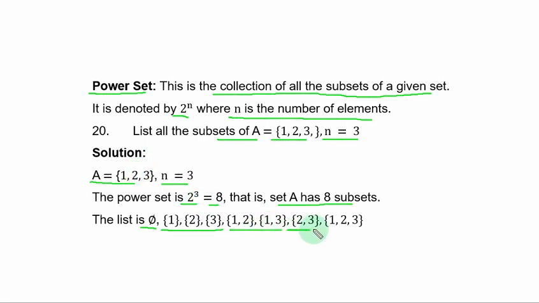You have it in this form, and the set A as the last subset. Remember, we said that the empty set is a subset of any set, and any set is a subset of itself. When you count, you have 8. 1, 2, 3, 4, 5, 6, 7, 8. 8 subsets. That is the power set concept.